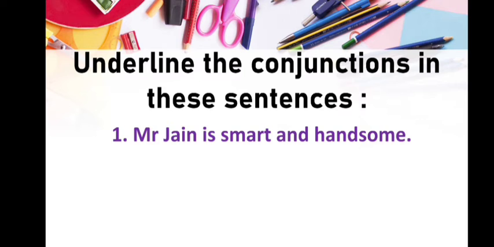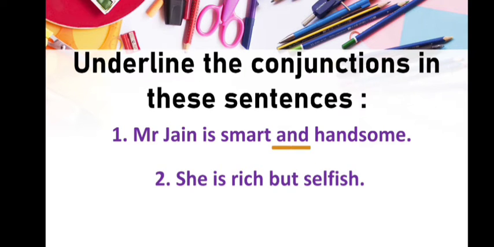Here the conjunction is and. The next sentence is she is rich but selfish. Here the conjunction is but, because this sentence shows the contrast in her personality. She is rich but selfish.